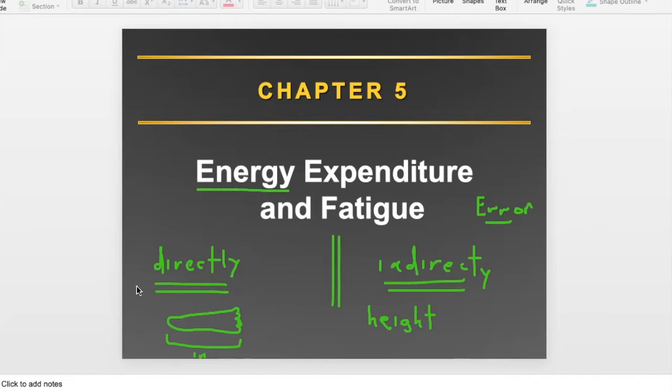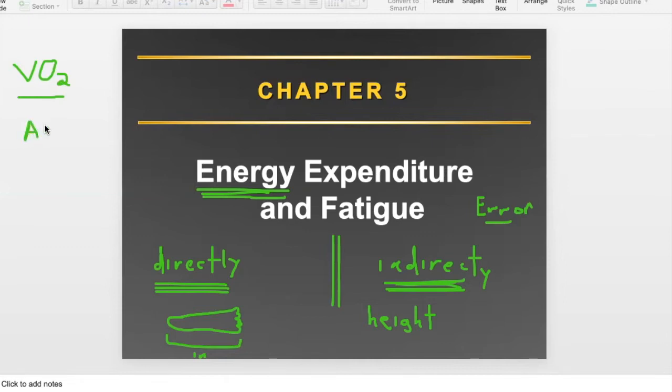So there are ways of directly measuring the amount of energy that somebody spends, but they're really difficult to do. So the chapter is going to recommend indirect measurements. And we can indirectly measure energy using things like the volume of oxygen that you're consuming, because eventually you're going to burn oxygen down into ATP, which is energy.